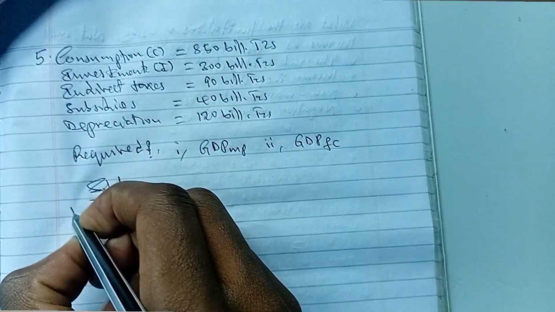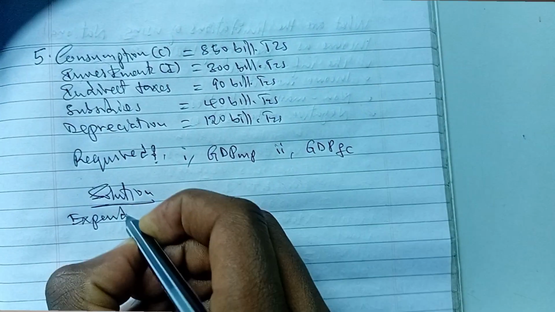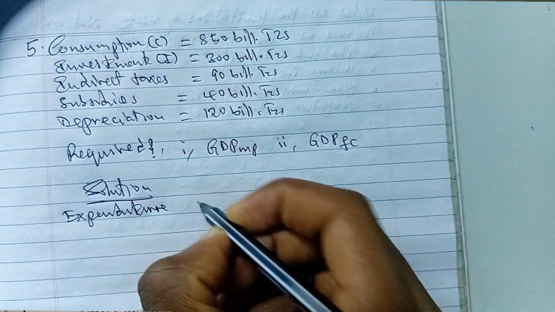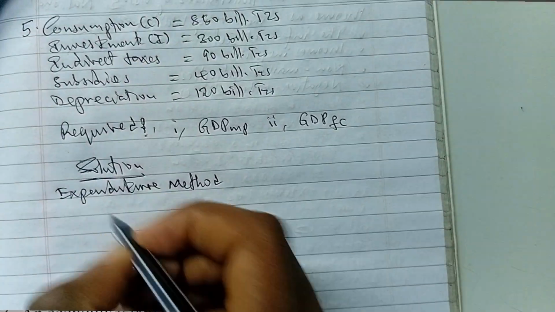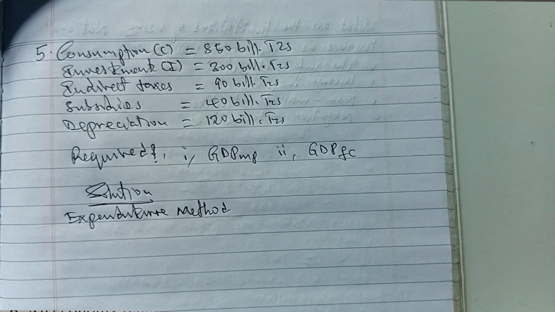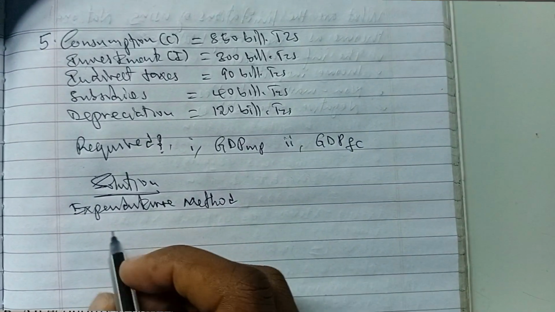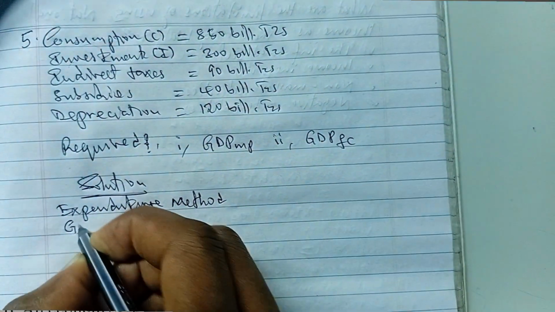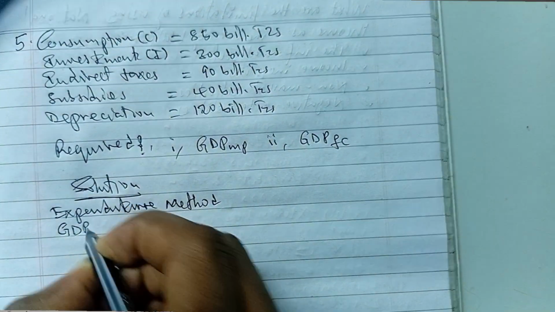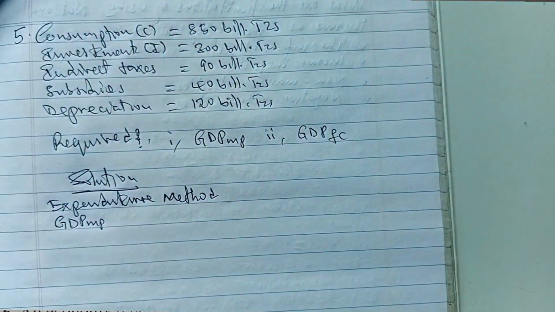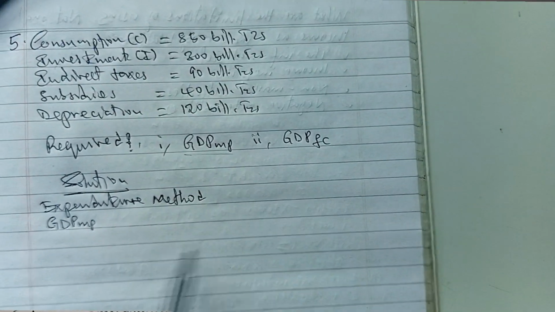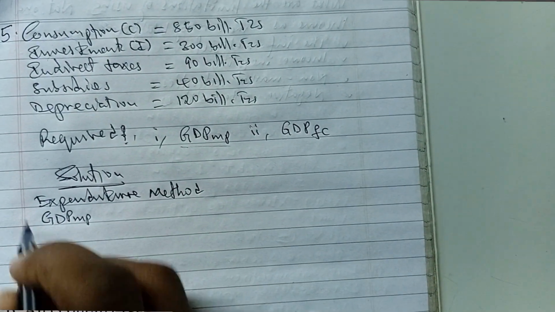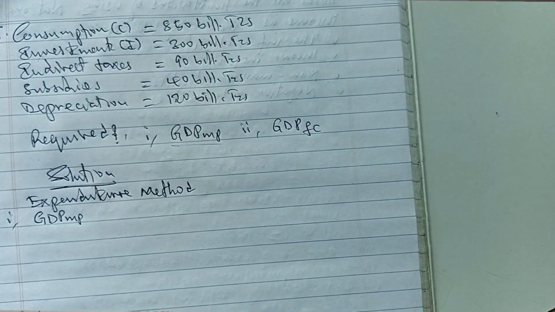Under the expenditure method, you should understand where your answer should originate. Your answer should originate from gross domestic product at market price. That is our origin for the formula under the expenditure method, so that is the solution directly to Roman 1.